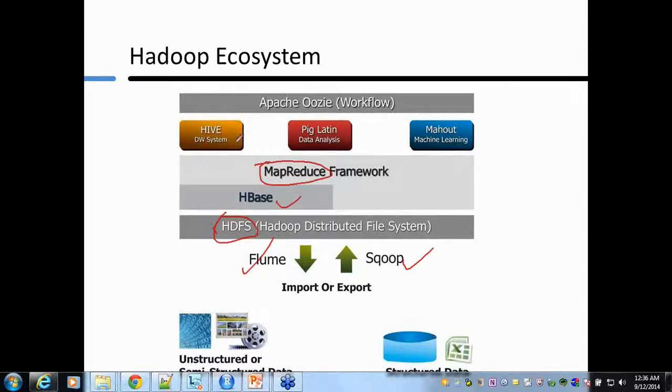Except these two, all the other components or keywords or jargons that you have heard about, like Hive, Piglatin, Mahout, HBase, Flume, Scoop, Oozie, all these are called ecosystem components of Hadoop. In our actual training we will be covering all these topics in detail with hands-on exercises.